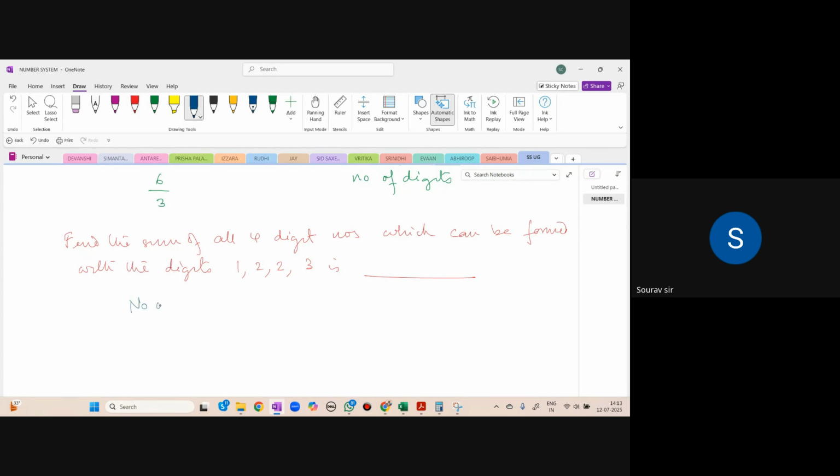So the number of numbers formed will be how much? How many numbers can be formed? 12. There are 4 digits, so factorial 4 divided by factorial 2, since one digit is repeated 2 times, which is 12.